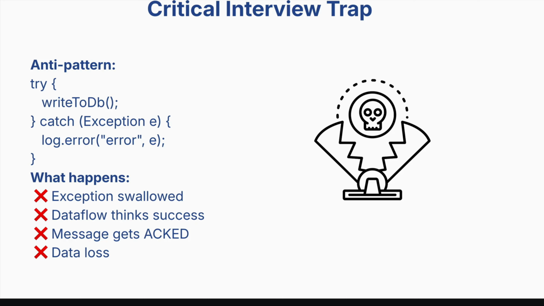So you have swallowed the exception, and Dataflow thinks the write has succeeded. This is a critical anti-pattern, so ensure that you are not swallowing any exception. Otherwise, Dataflow is going to consider it successful and acknowledge it. This will lead to silent data loss, and it's one of the most common production bugs.